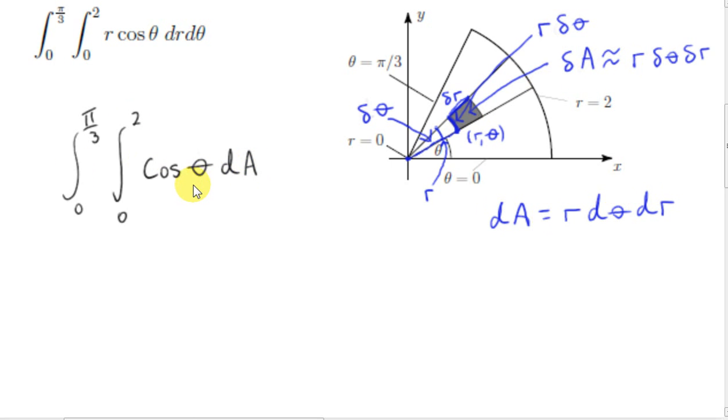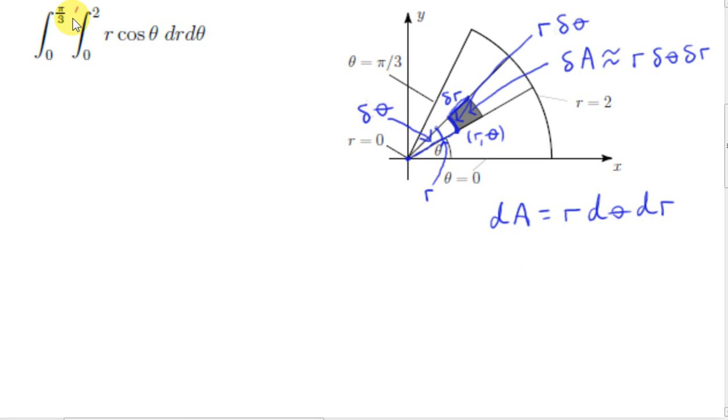The function that we are actually integrating is not r cos theta, but it's actually cos theta. We are integrating this function over the region given by this sector. So an element of area is always given by r d theta dr.